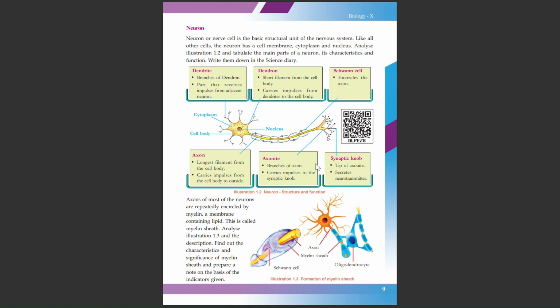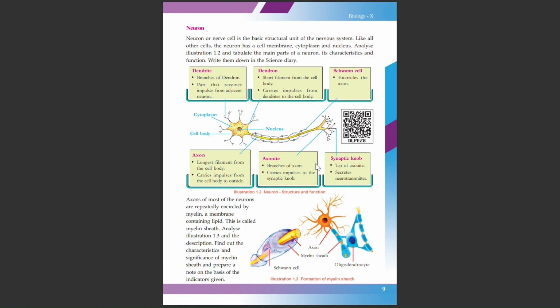Next is the neuron. Neuron, or nerve cell, is the basic structural unit of the nervous system. It's very basic.